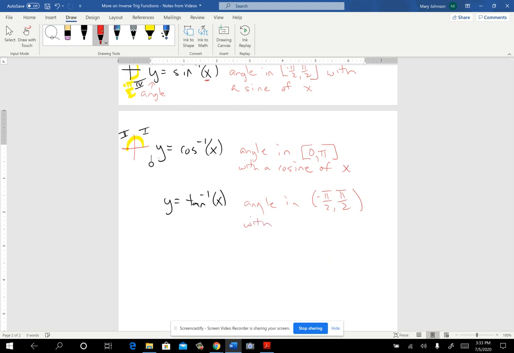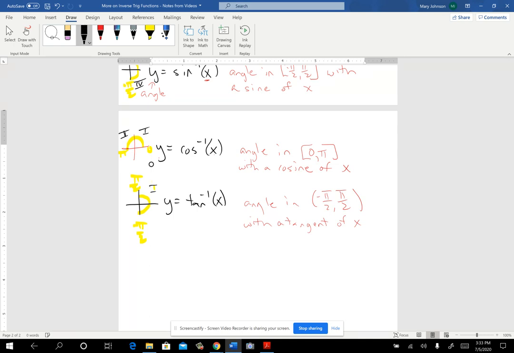But we need an angle in that range with a tangent equal to whatever that x is, okay? So we're actually looking for that angle when we're doing these. Okay, and tangent is like sine. It's from the negative pi over 2 to pi over 2. Cosine is from 0 to pi, okay?